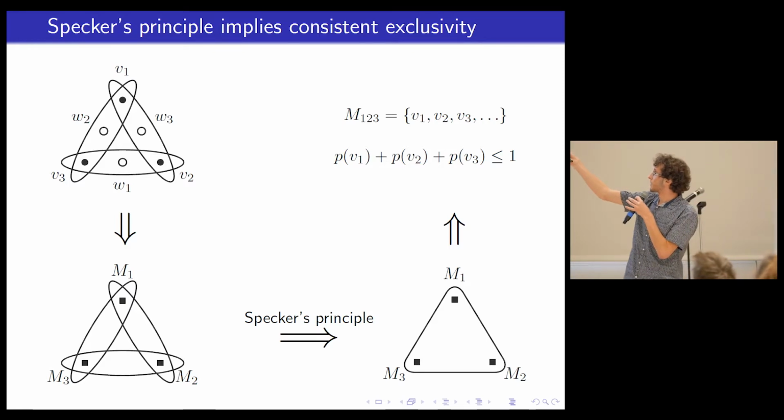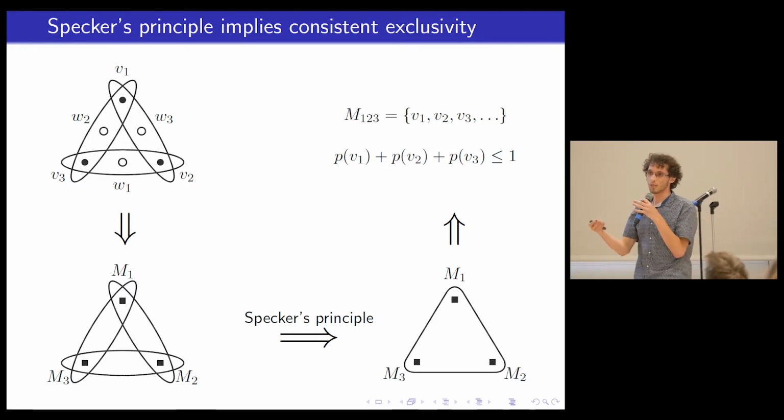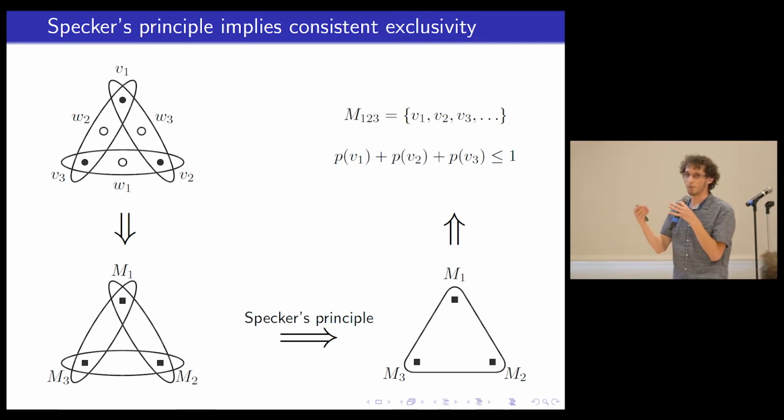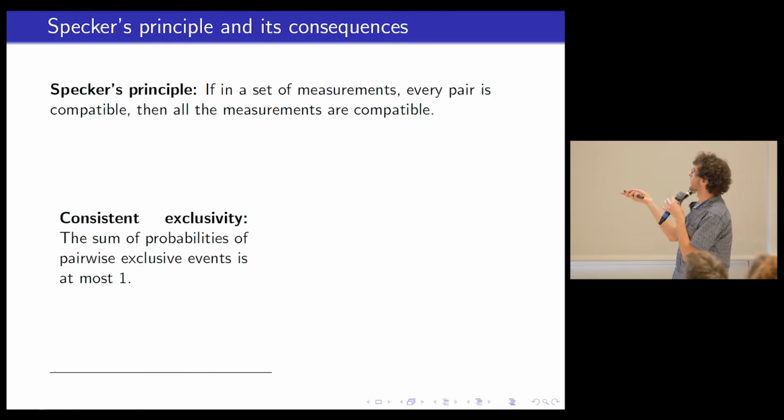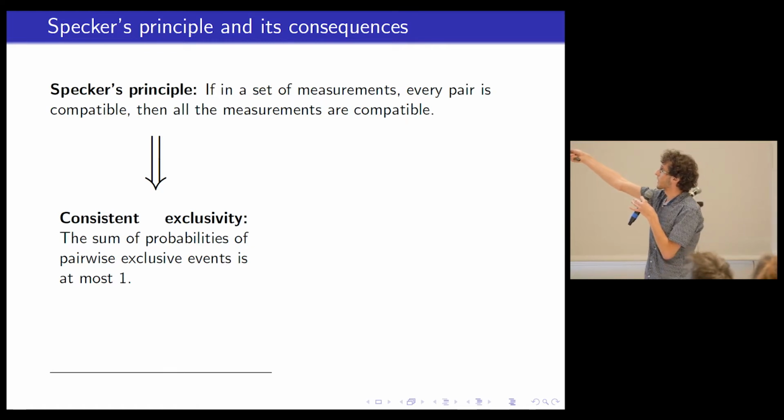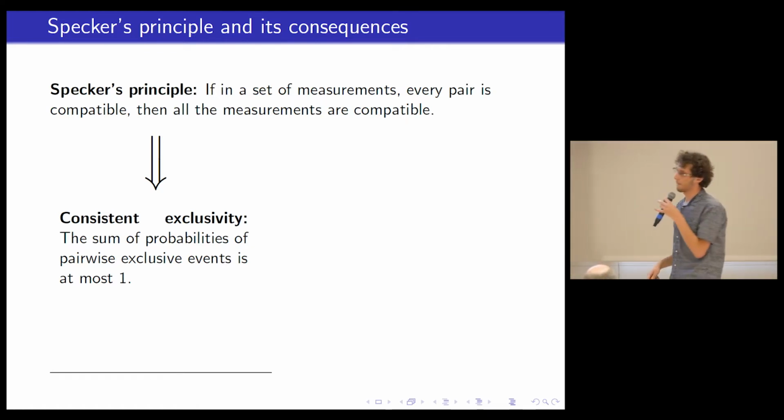This gives us the principle of consistent exclusivity, but it doesn't follow by fiat. We have to assume Specker's principle to get that. So that's what this implication gives us.